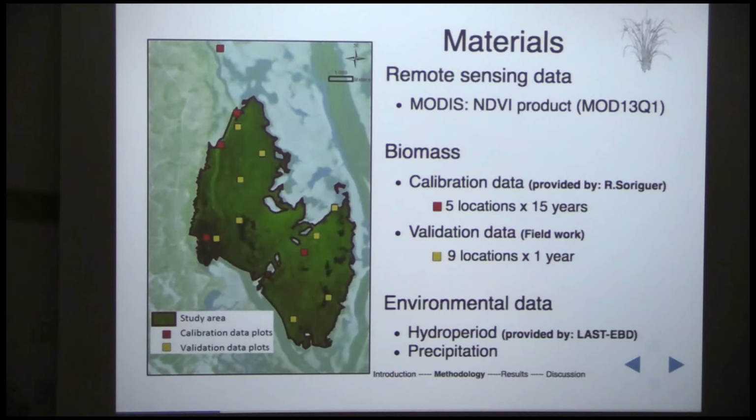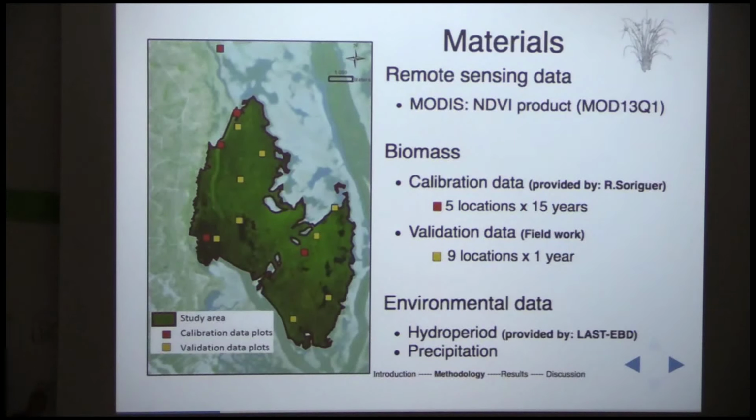About the biomass data that we use in this project, we use 2 different sets of data, one to calibrate the model and the other one to validate the model. To calibrate the model, we use a set of data provided by Ramon Xuriguer that consists of estimations of biomass production in 5 different locations that are marked here in this map with red squares.